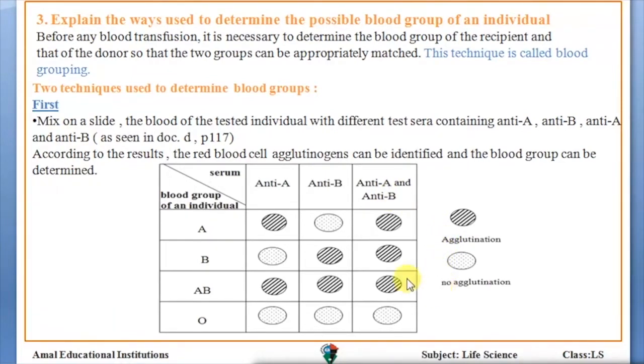If agglutination happens with anti-A and anti-A and anti-B, this is going to signify that the red blood cells of the individual has antigen A. Therefore, the blood group of that person is going to be Group A. If agglutination happens with anti-B and anti-A and anti-B, this is going to signify that the individual has antigen B, which has bound with the anti-B in the serum. Therefore, that person is going to be of Group B.